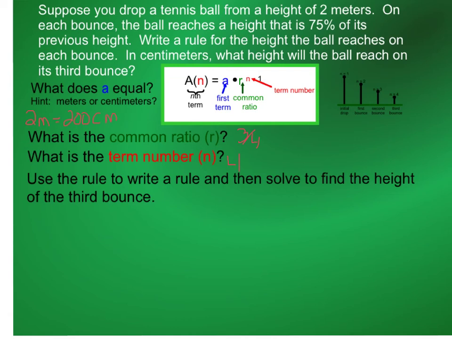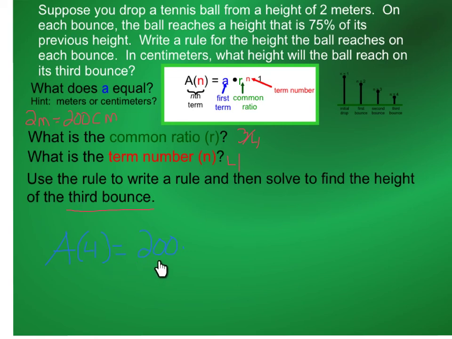So next, let's write a rule to find the height of this ball on the third bounce. Once again, even though I'm looking for the third bounce, it would be the 4th drop that would provide the third bounce. So I wrote A of 4, and this represents the third bounce.